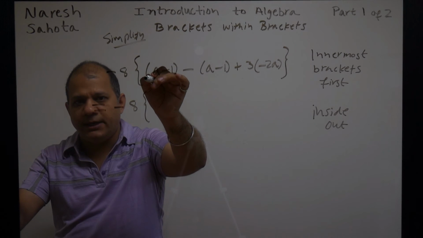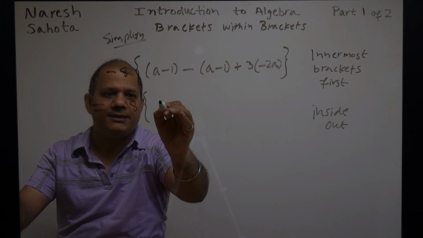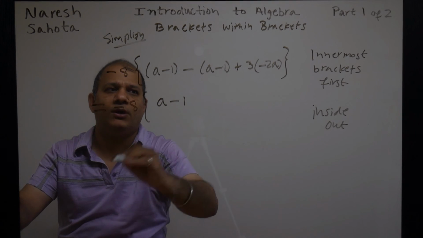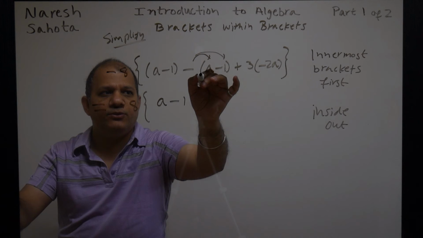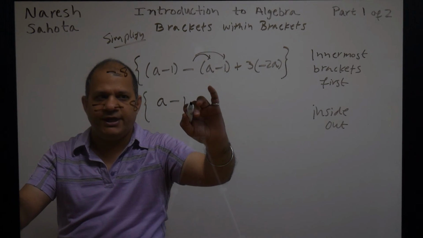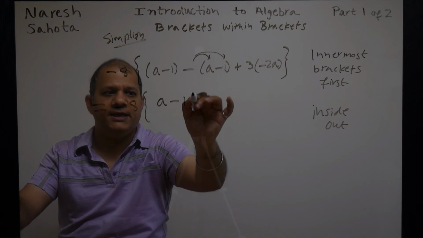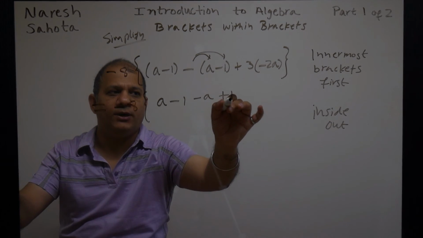So there's a factor of 1 here. So 1 times a, it remains the same. 1 times this bracket remains the bracket. So a minus 1. And now this is a negative. So when I remove these parentheses, the signs are going to change. So negative 1 times a is negative a. Negative 1 times negative 1 is positive 1.